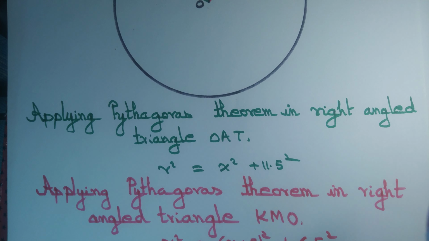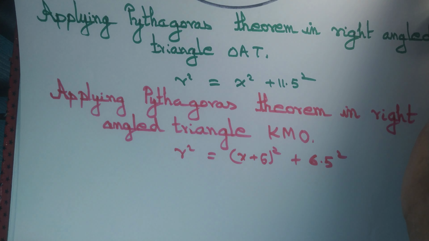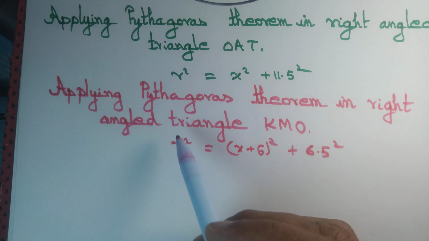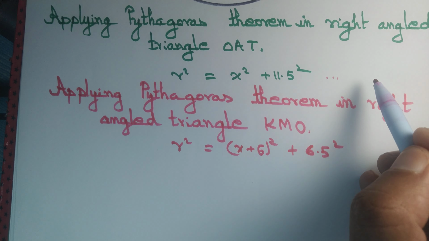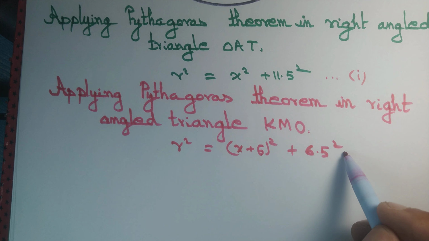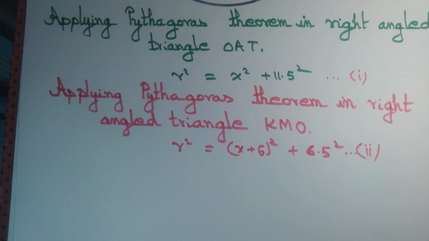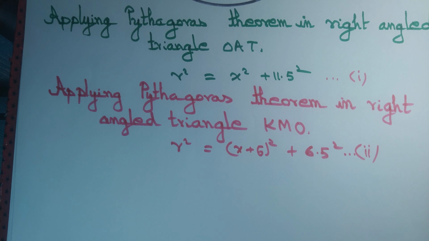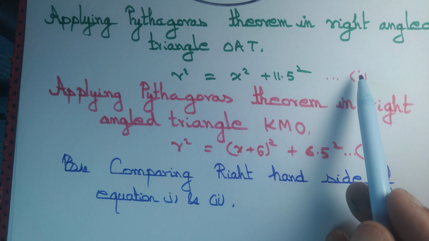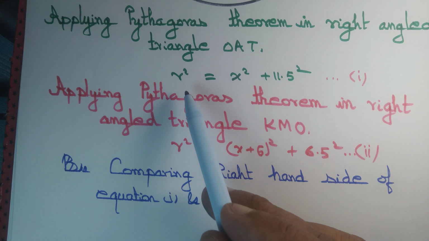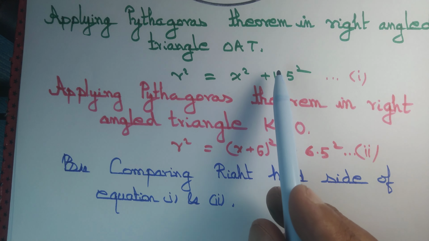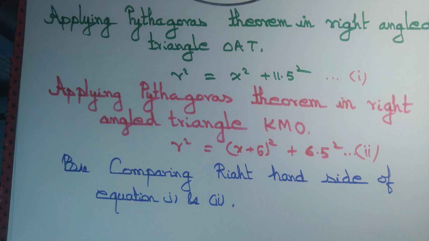Now we see that we got two equations with two unknowns, R and x. Can we solve for those? Yes. From equation 1 and 2 we can equate and solve for R and x. The left hand sides of equation 1 and 2 are both equal to R square. So the right hand sides of equation 1 and 2 must be equal.